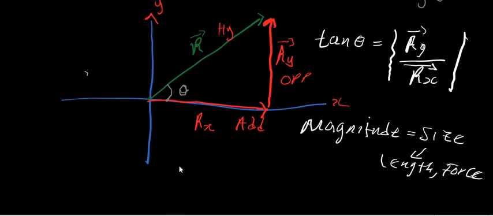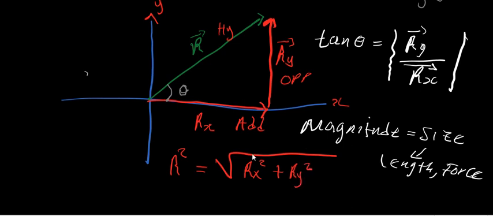So in easy terms, we can say r is equal to the square root of the x component squared plus the y component squared.